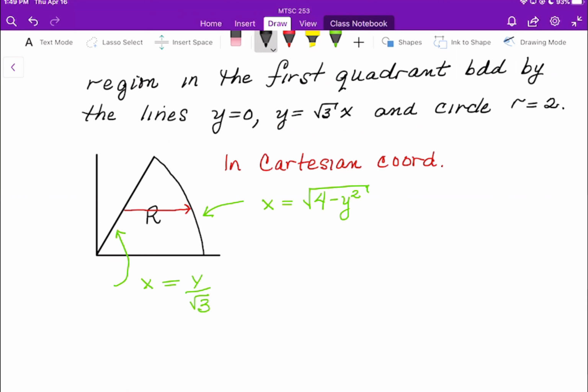So I need to solve y over the square root of 3 equals the square root of 4 minus y squared to find this value of y.